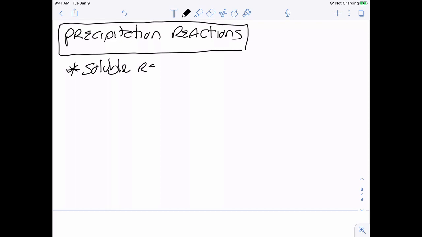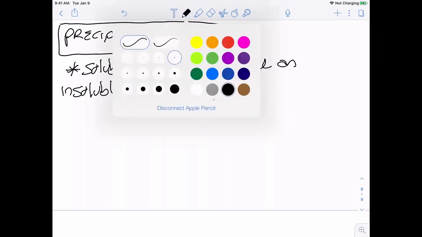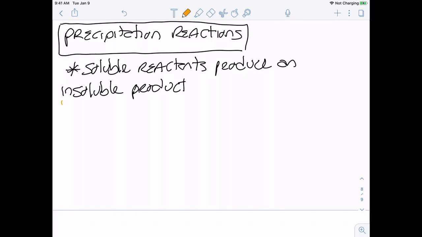So soluble reactants produce an insoluble product. That insoluble product, remember if it's insoluble, we put that S after it for solid, is going to precipitate out of solution. Insoluble product. So that is my precipitate.